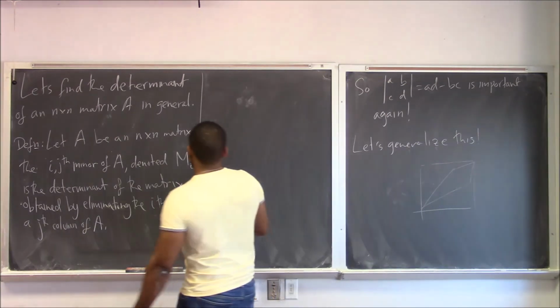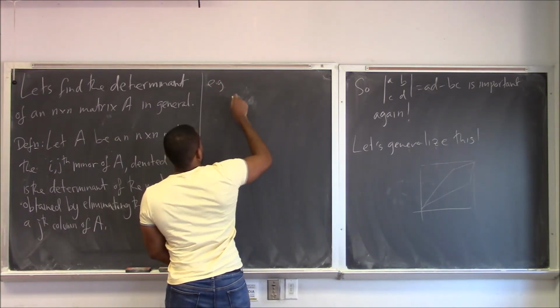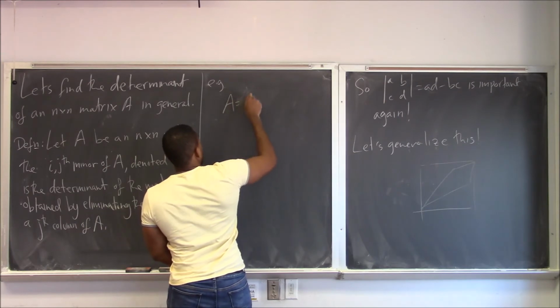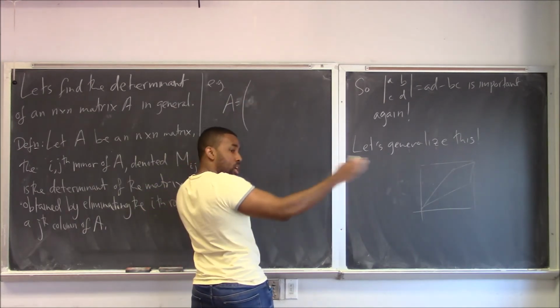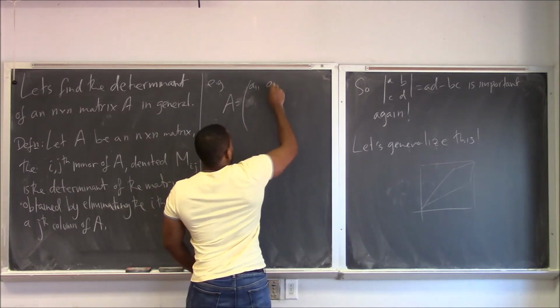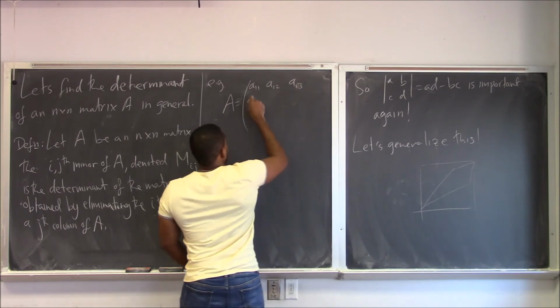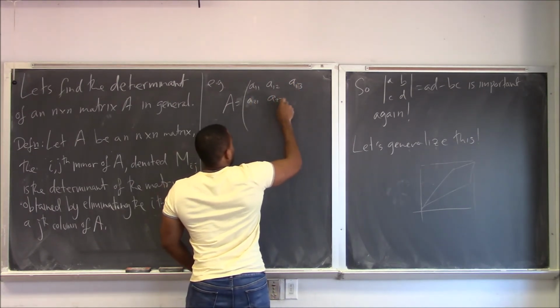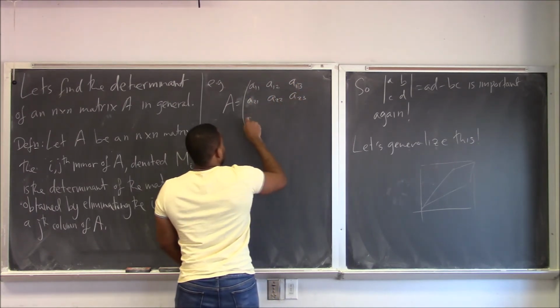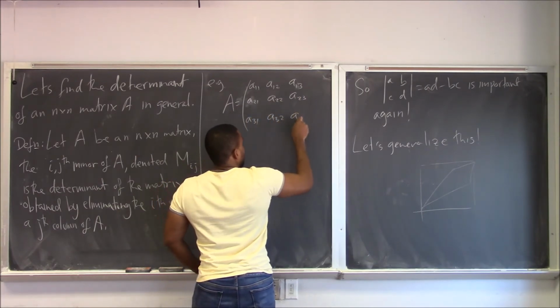So for example, let's say A is, and this can work out in general, but I'll illustrate with a 3 by 3: A11, A12, A13, A21, A22, A23, A31, A32, A33.